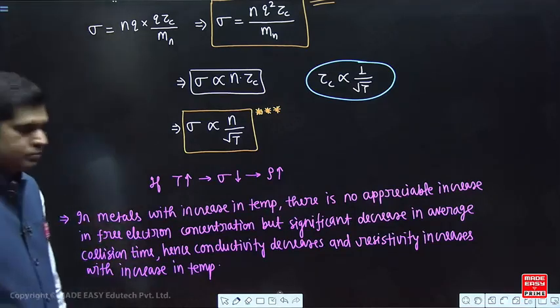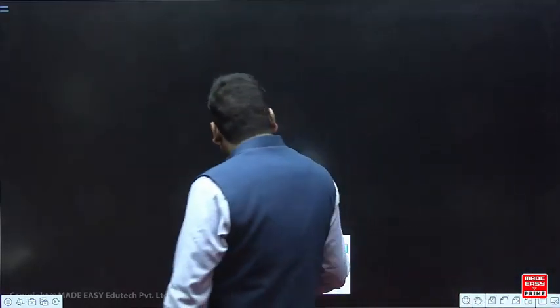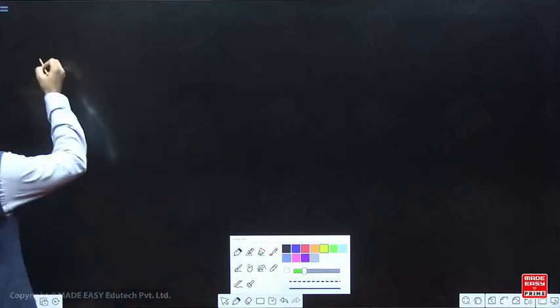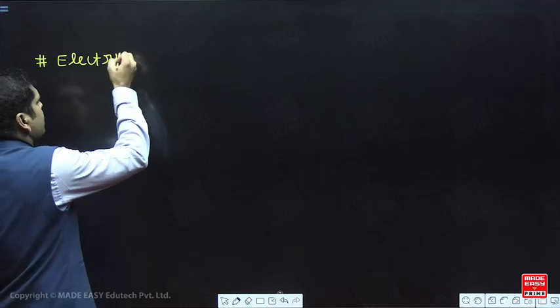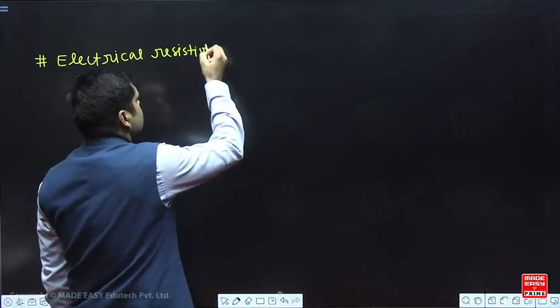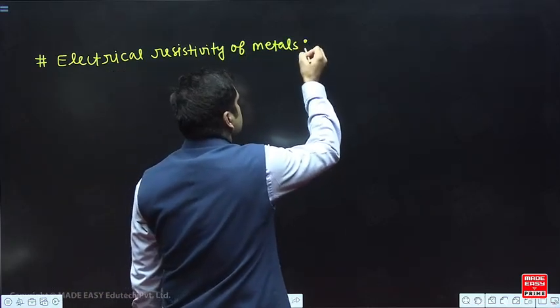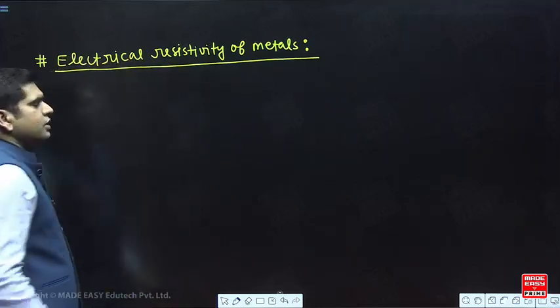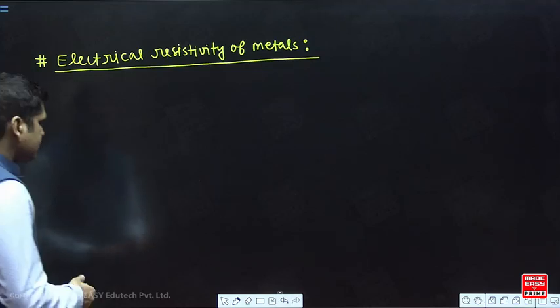Right. Now you see, my dear friends, let us revisit electrical resistivity again, and let us try to figure out a few things related to the resistivity of metals. So put a heading, electrical resistivity of metals. We all know that metals are very good conductors of electricity. Reciprocal of conductivity is known as resistivity.